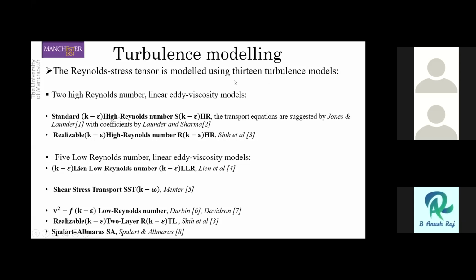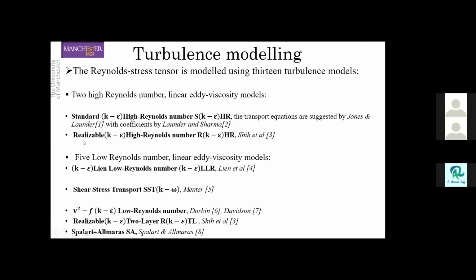We have used around 13 turbulence models. Two of these models were high Reynolds number linear eddy viscosity. They are the standard K epsilon high Reynolds number model, and the second one is the realizable K epsilon high Reynolds number model.